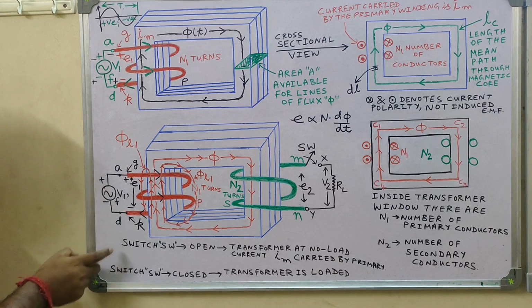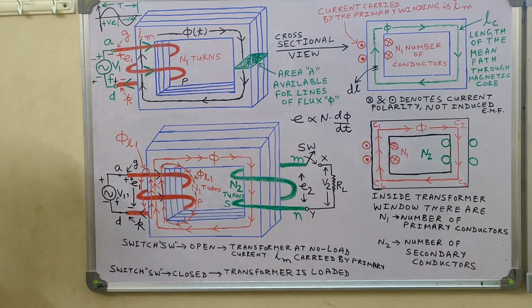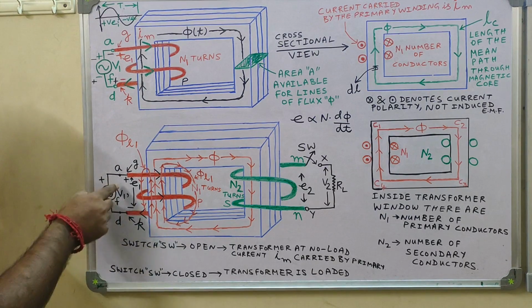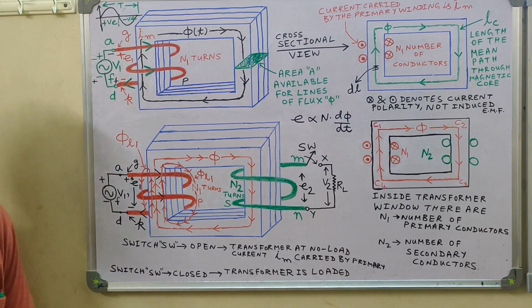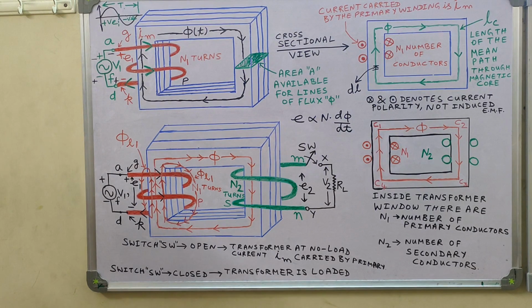Terminal G is plus and terminal K is minus. Now, how are we so confident of putting up this plus and minus sign? Actually, we have to apply Lenz's law. Lenz's law says that the effect will oppose the cause producing it.